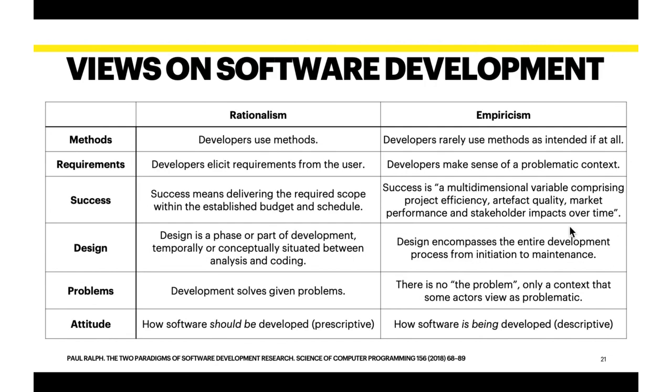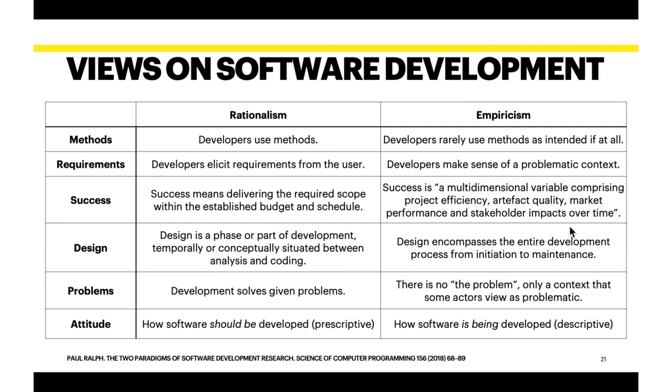There is a context where a software system is supposed to be operating, and for some actors, this context might be problematic. Of course, different actors can interpret this problematic nature in different ways, subsequently leading to contradictory requirements. Right? So developers need to make sense of this problematic context.